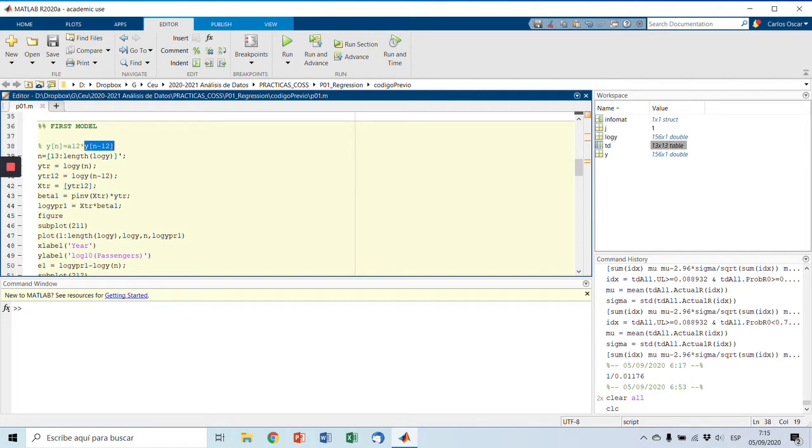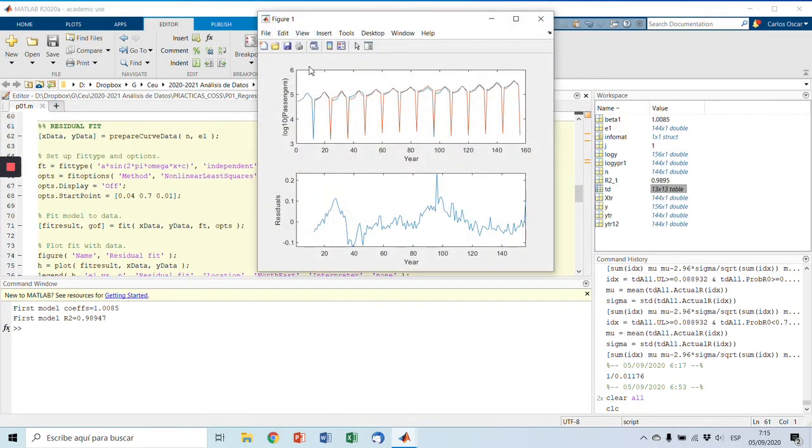And this is a linear model in the coefficients. So if you go back to your statistical notes, you will see that the solution of a linear least squares problem is the pseudo inverse of the predictor matrix. So let's run this.